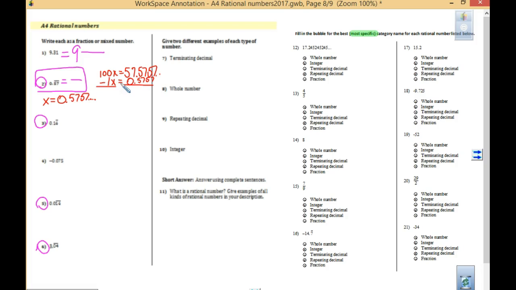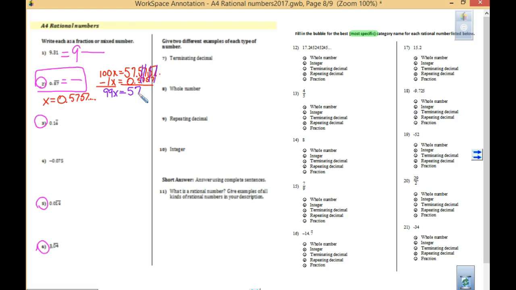If I'm doing that, okay? Dustin, you ready? 100 minus 1 gives us? 99x. Back here, all these 5 7s, right, behind the decimal cancel. And I'm left with 57.